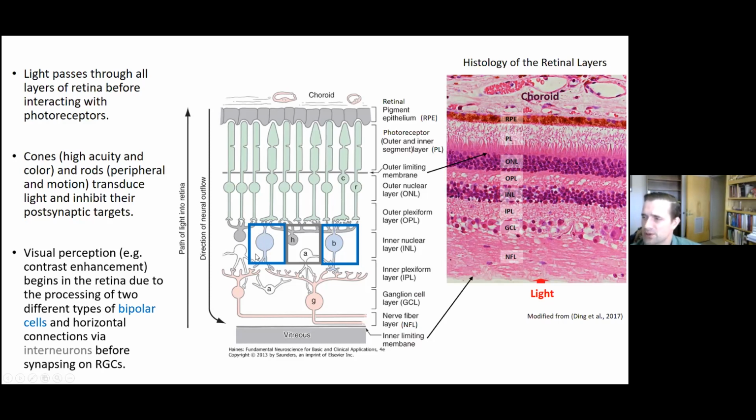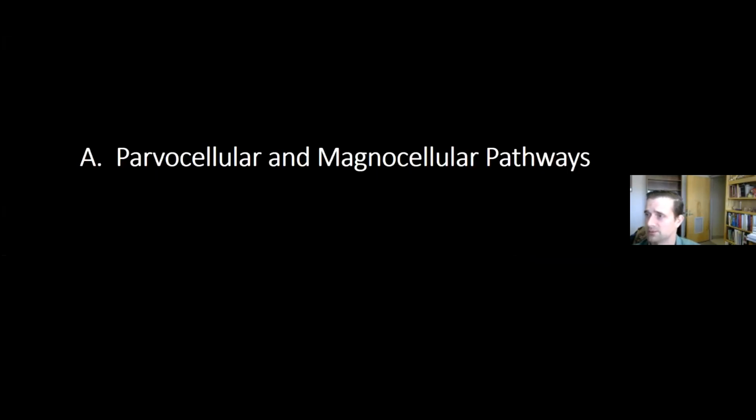They have the blue squares around them. And you'll notice that they have synaptic connections with both the horizontal cells that are designated by the H and these other little interneurons that are designated by A. And so this cross communication will allow for information concerning visual perception to be relayed to those photoreceptor cells.